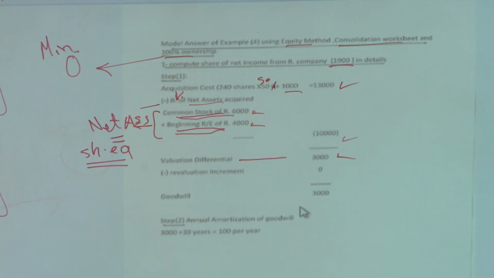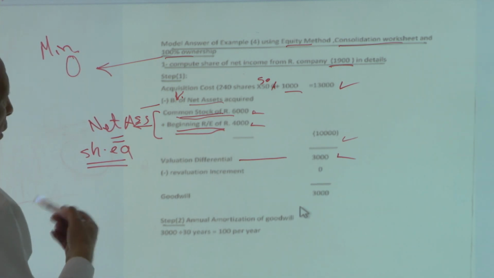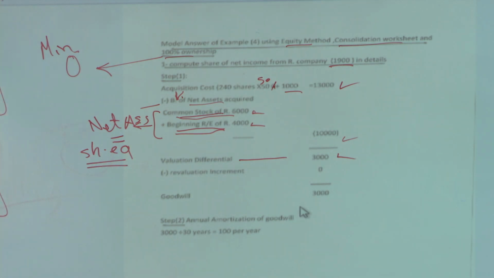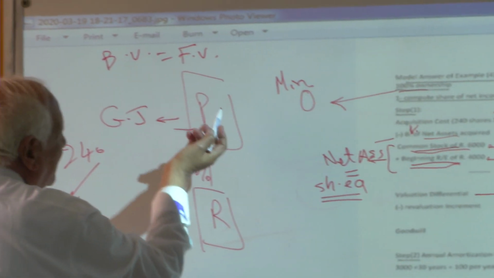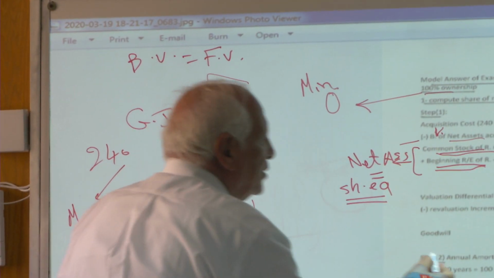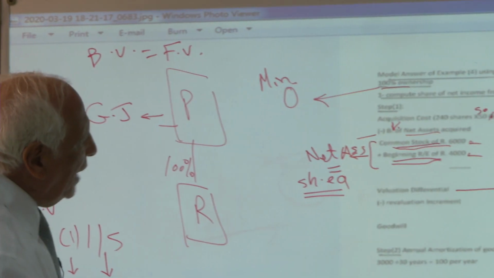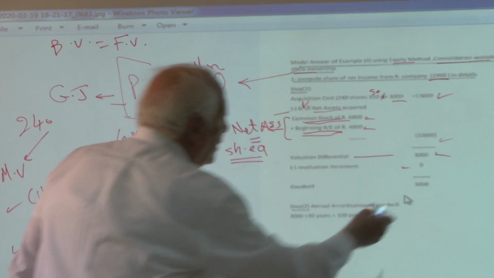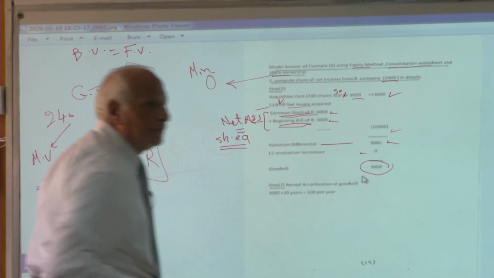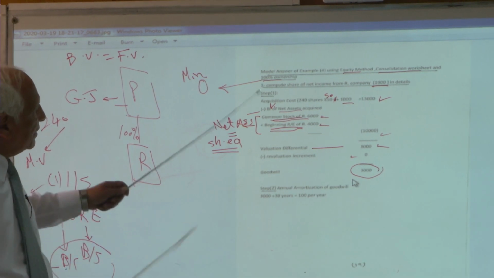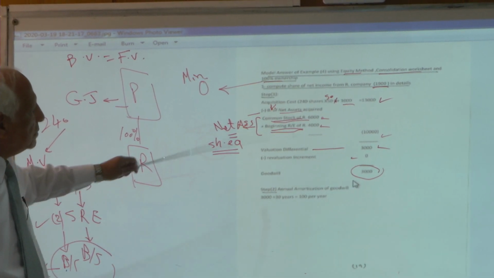After this, what are you going to do? Do we have a difference between book value and fair value? No, they told you book value equals fair value. When they tell you this, the valuation differential is 0 because there is no difference. You come to the end: how much is the goodwill? 3,000. That's step 1. You need to know how we did this in example 3, and I do it here in more detail.